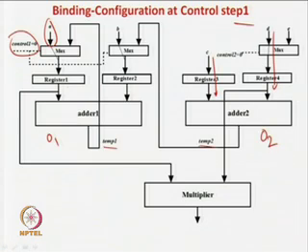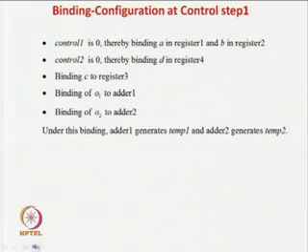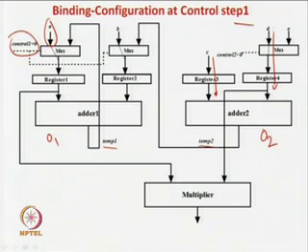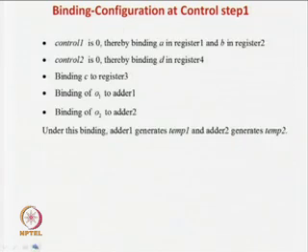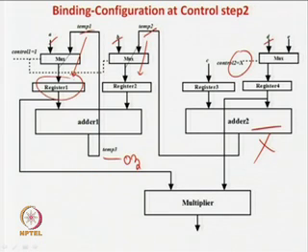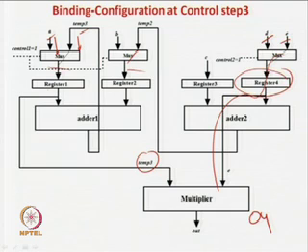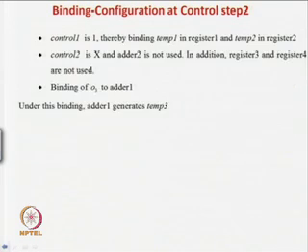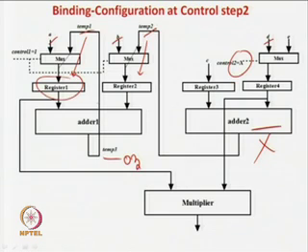In the first time step, B is stored in register 2 and A is stored in register 1. In the second time step, temp 1 is stored in register 1, because this is the result of A plus B. Then you add again, temp 1 plus temp 2, so temp 3 is generated and also stored in register R1.